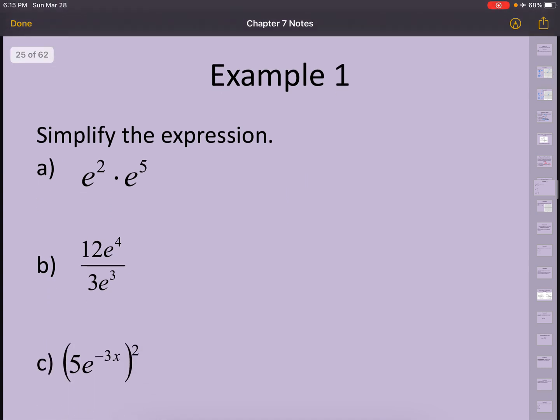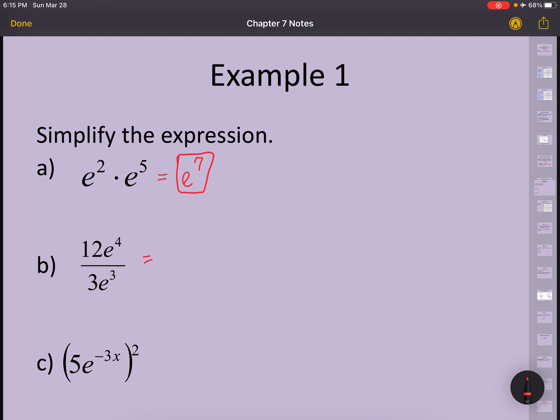And not only can we treat it like a number, we can treat it like a variable and use exponent properties and rules with it. So if I have the same base of e, and I'm multiplying them together, with exponent rules, I can simply add the exponents. So 5 and 2 makes 7. And since it didn't say evaluate, it just said simplify, e to the 7th power is just fine.